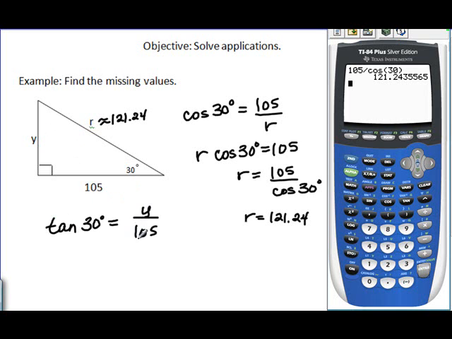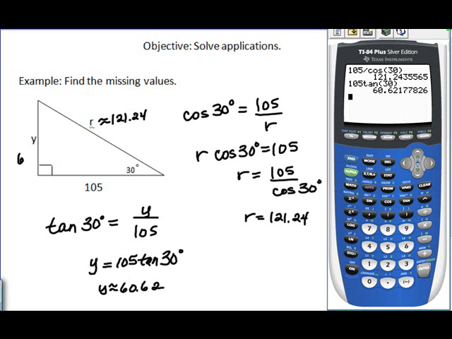To solve for y, I can multiply both sides by 105. So y is 105 times the tangent of 30 degrees, and y is approximately 60.62.